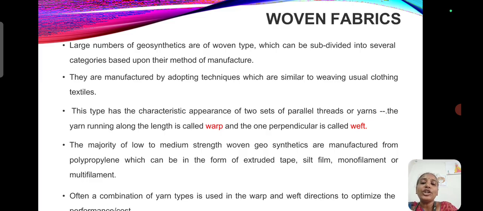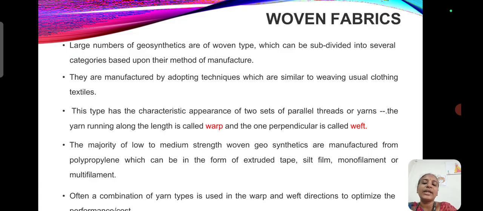The majority of low to medium strength woven geosynthetics are manufactured from polypropylene, which can be in the form of extruded tape, slit film, and monofilament or multifilament form. When it comes to man-made fibers, they are formed by the extrusion method.